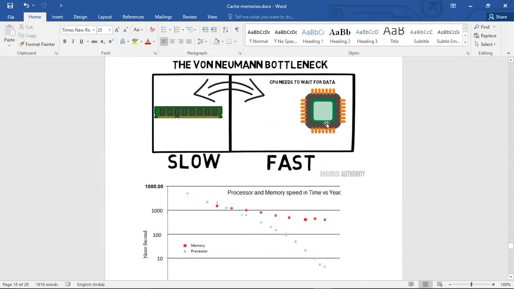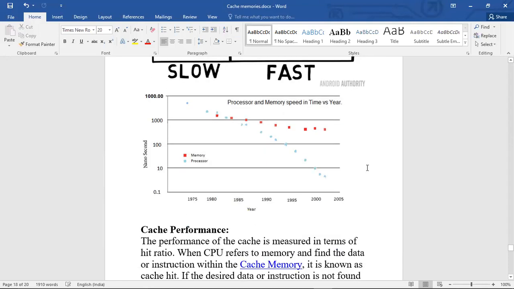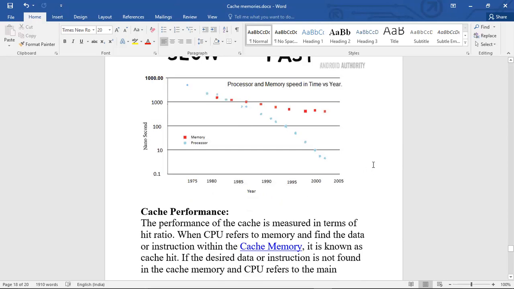So those are the main advantages of cache memories. We already discussed why this becomes faster and why this becomes slower: random access memories, RAMs, are very slow compared to the cache. Here we can see the analysis from 1975 onwards.